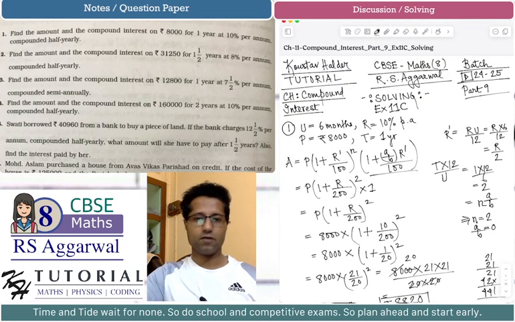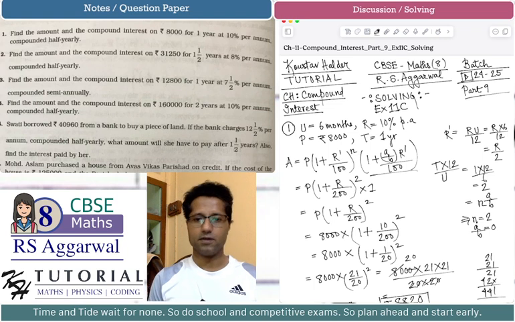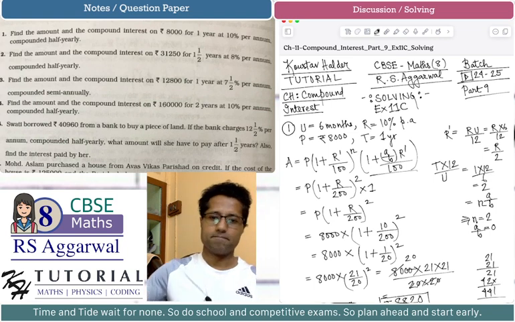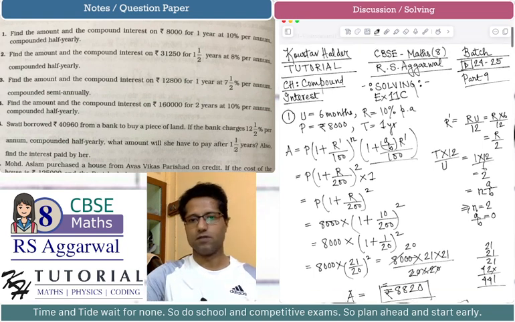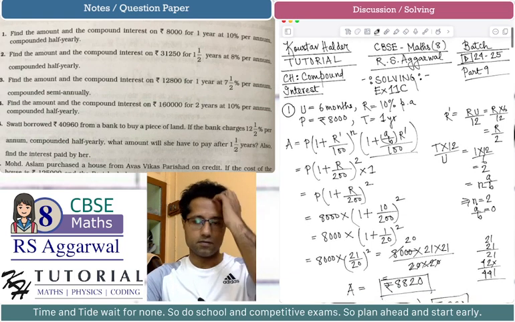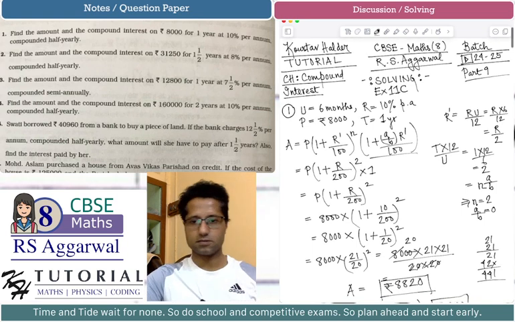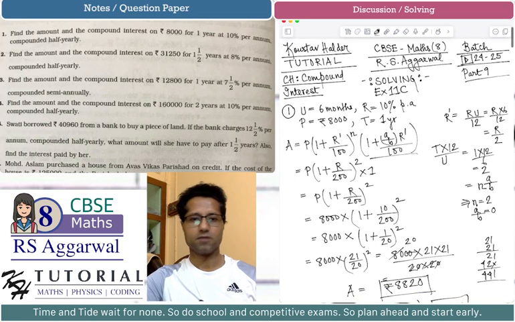If you have not watched the video in this playlist titled the general formula for compound interest, I strongly suggest that you watch that video so that you will understand how this formula is coming, and how we are calculating the value of small n and the fraction a by b.